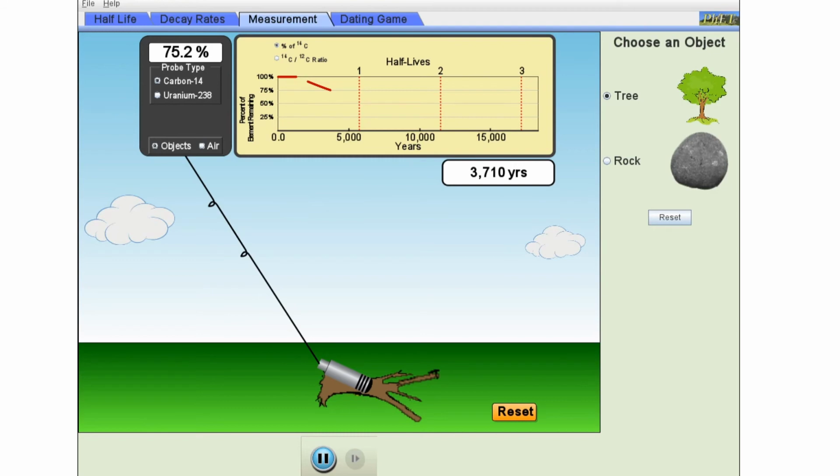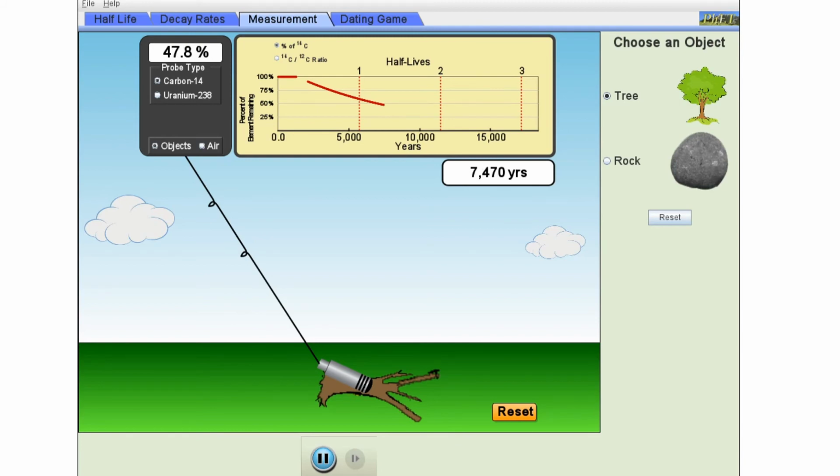We won't wait another 3,000 years, so I'll just pause and record in a moment. Okay, so you can see now, just under 6,000 years, we've reached the point where there's 50% of the carbon-14 left in the tree. So by working out what percentage of carbon-14 we've got left in an object that used to live, like a tree, we can work out the age of the tree.